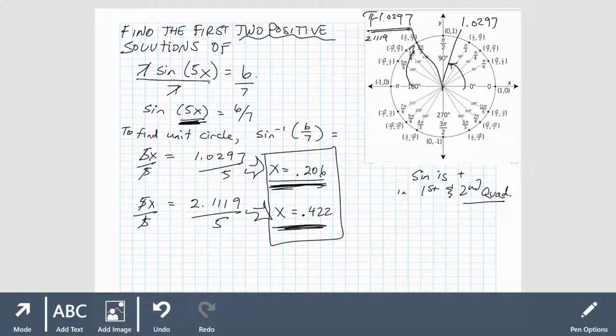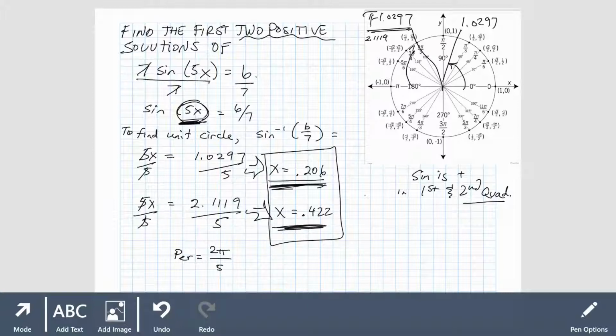Keep in mind, if they wanted any more solutions, we would have to add multiples of the period. In this particular problem, notice that we do have a modified period, and my new period is going to be 2 pi divided by b, which in this case was 5.